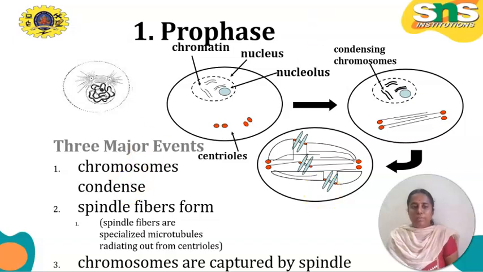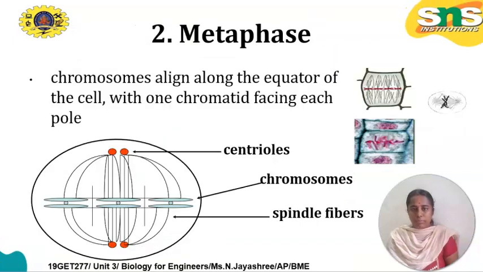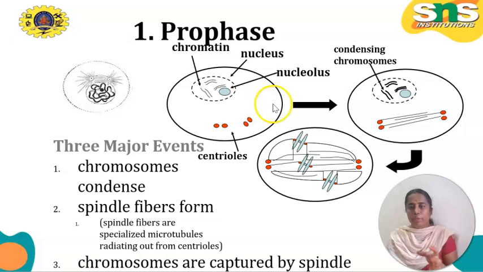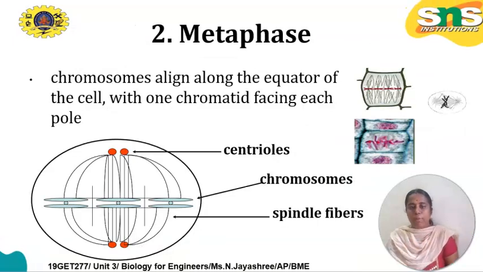Next one is metaphase. In prophase, the chromatin is formed into chromosomes and the spindle fiber is formed. Now we need to align the chromosomes on the equatorial line. That is metaphase. The chromosomes align in a single line.